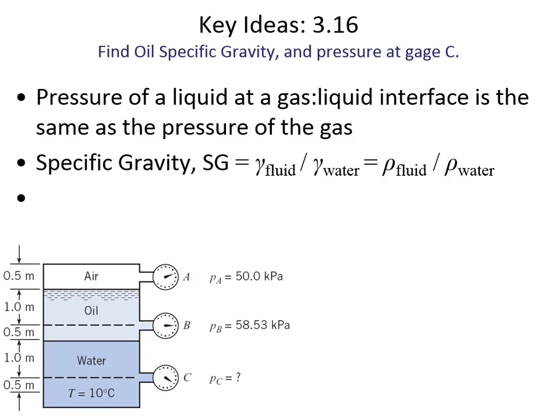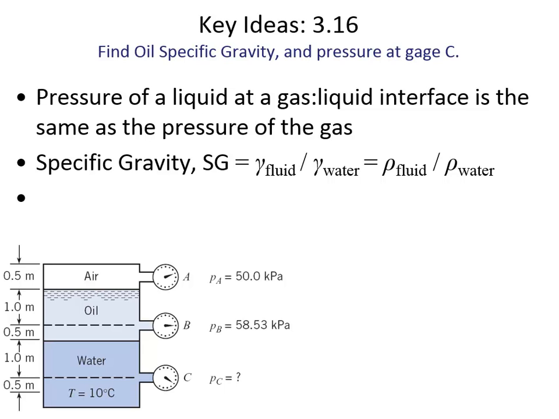But we're not bothering for something that has as small a unit weight as air, although technically what they're saying is that right here the pressure is 50 kPa. We're not going to find out how much different it is at the interface.